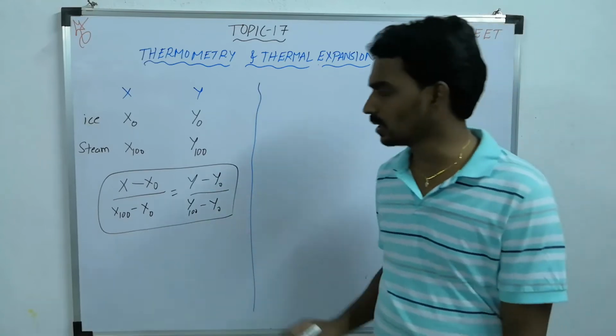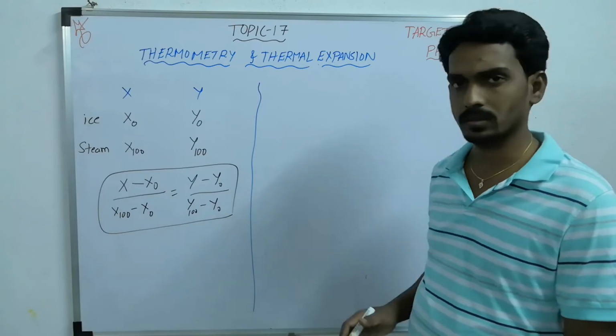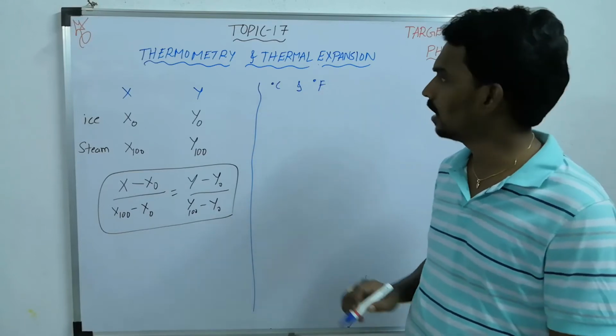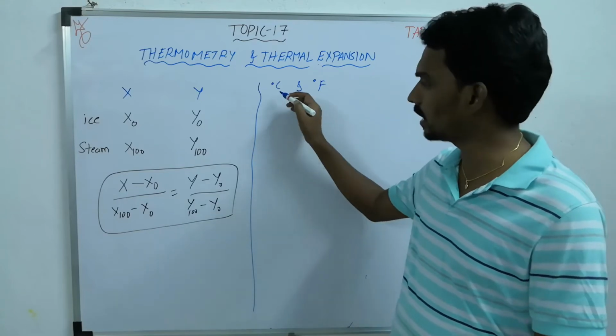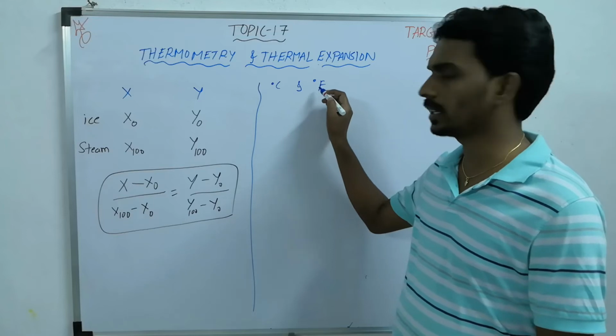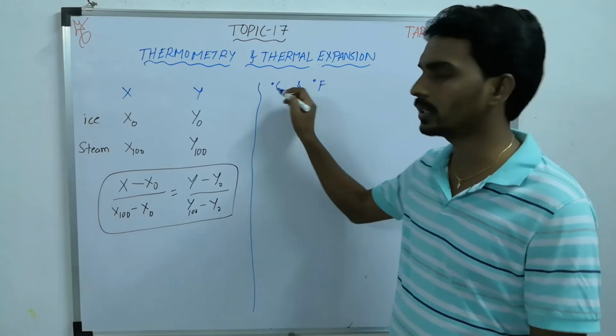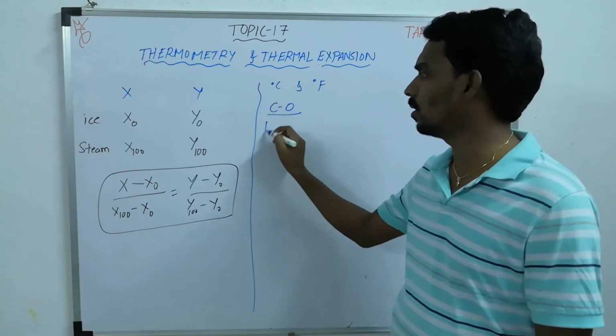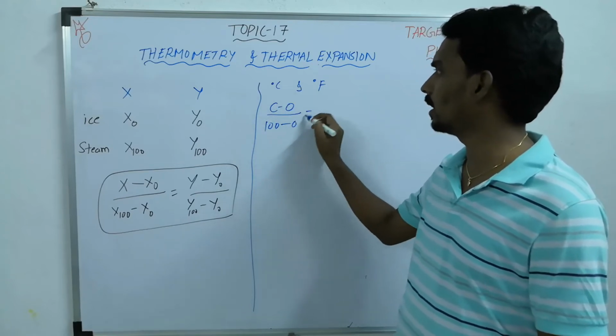Similarly, when you consider degree Celsius and degree Fahrenheit, they can ask you from Celsius to Fahrenheit or Fahrenheit to Celsius. Here, in Celsius, the ice point is 0 and the steam point is 100.